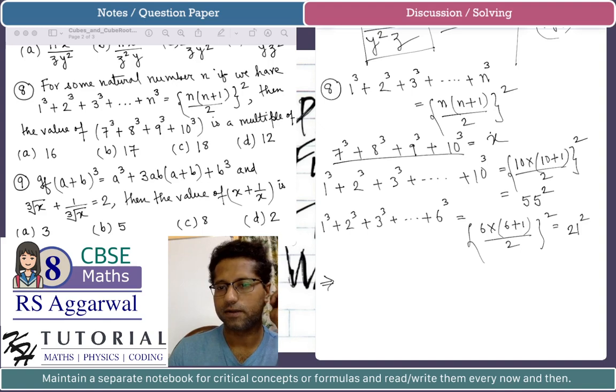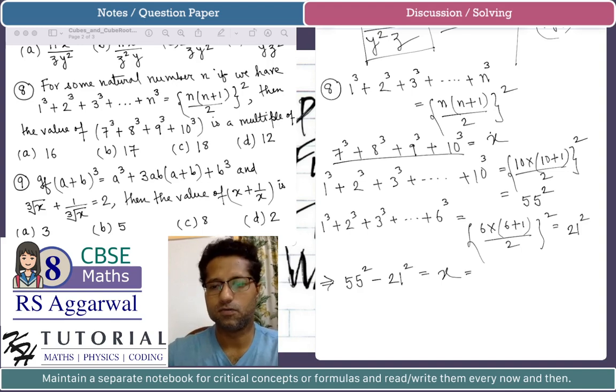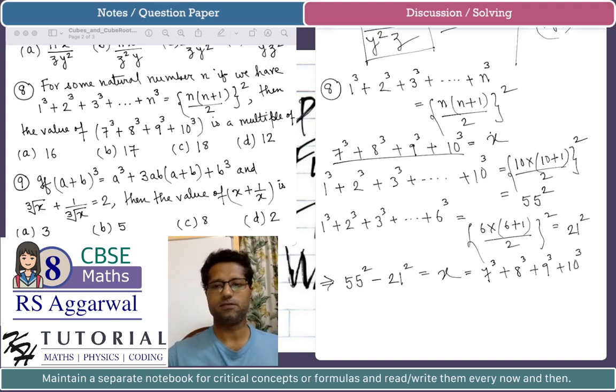From that, if we subtract the value of the sum of the cubes of the first 6 natural numbers, we can say that 55 square minus 21 square is equal to x, or rather we can say that this is equal to 7 cube plus 8 cube plus 9 cube plus 10 cube, because 55 square is the value of the sum of cubes of the first 10 natural numbers, that is 1 cube plus 2 cube plus 3 cube plus up to 10 cube, and 21 square is the sum of cubes of the first 6 natural numbers, that is 1 cube plus 2 cube plus 3 cube plus up to 6 cube.